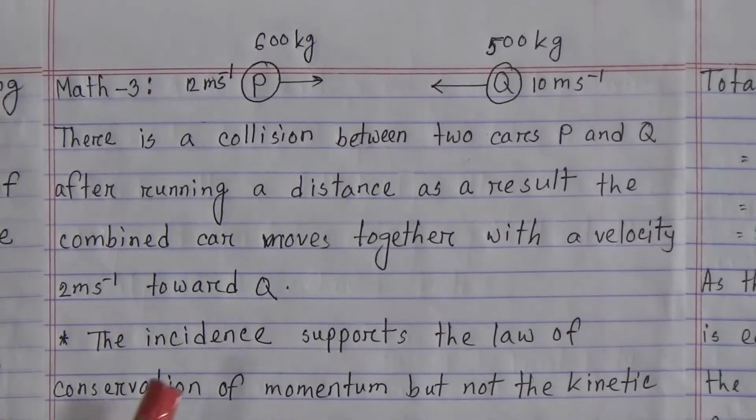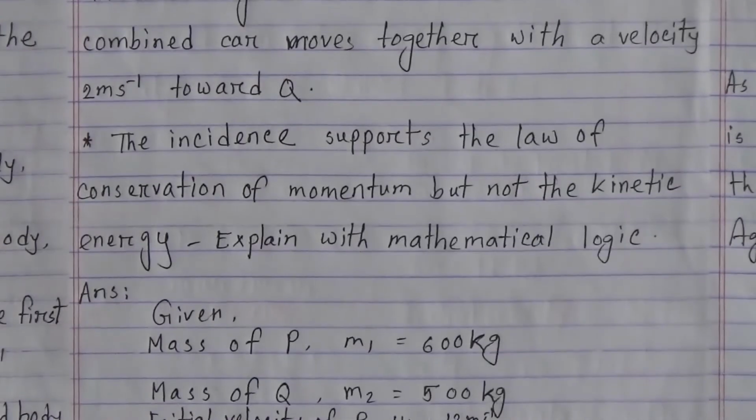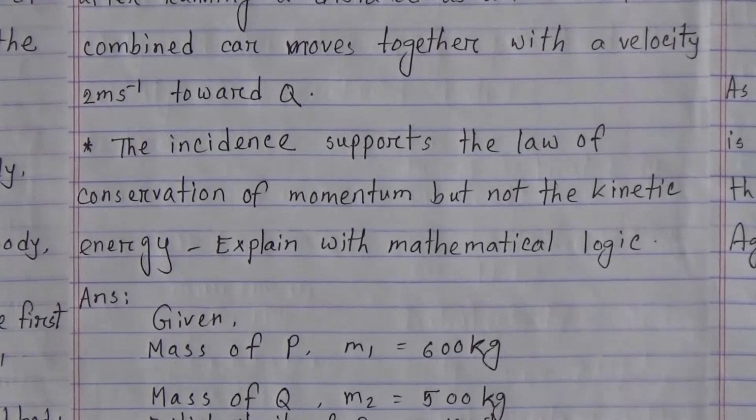Now the combined velocity v equals 2 meter per second. So we have to write now the total momentum before collision: m1 u1 plus m2 u2.